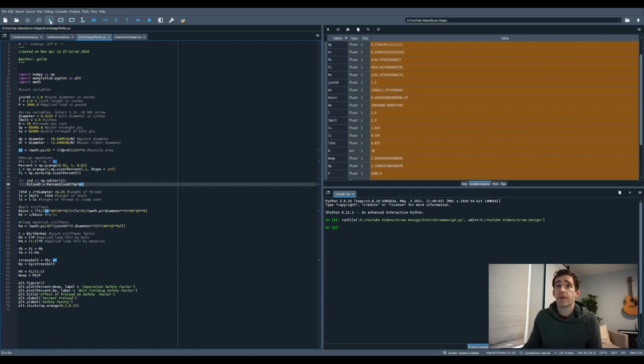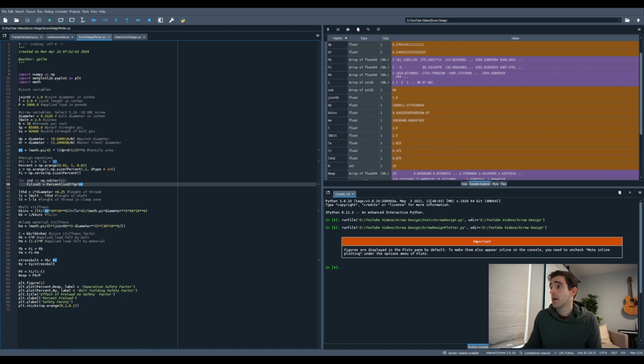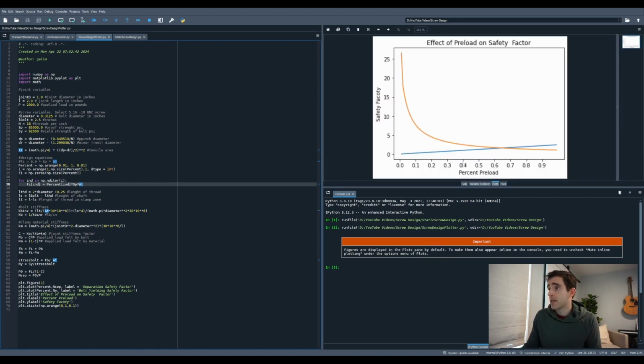So we can look at that if I click run. And then since I'm working in Spyder, I'm going to go over to plots, and we can see that as preload goes up, the separation safety factor is going to be here in blue.